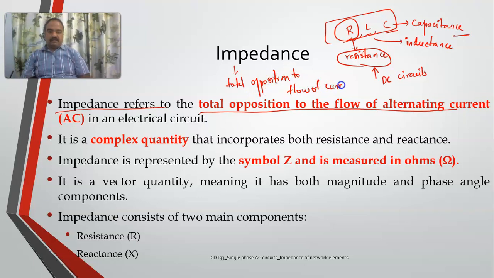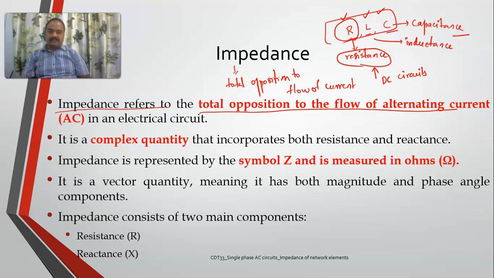Now we have the 3 basic elements R, L and C. All the 3 elements oppose the flow of currents. Some directly oppose the flow of current, some indirectly oppose it. So in today's class we will see how to mathematically represent their opposition to the flow of AC currents. And now we will discuss impedance only.